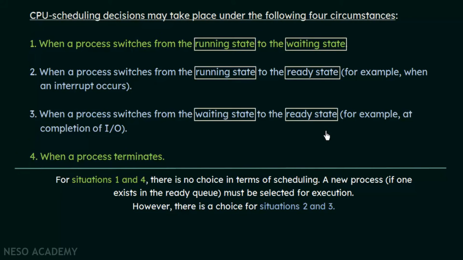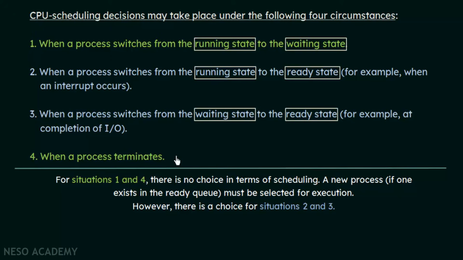Even at this time, we have a choice that we can make, because the CPU now is available and we can decide whether to give the CPU to this process or to some other process. So this is also a choice that we can have in situation number 3. With that, I hope you understood the choices that we can make in terms of CPU scheduling decisions according to the circumstances that we have.